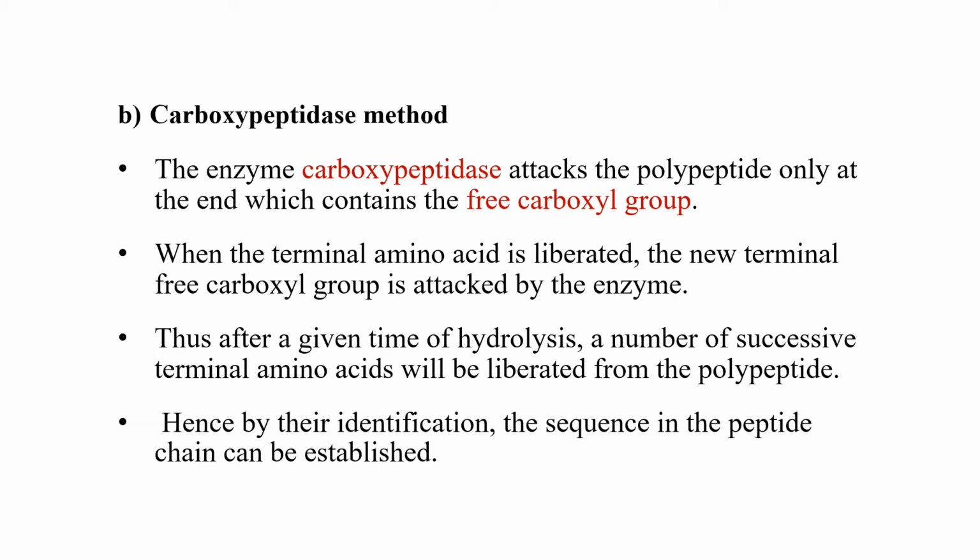When the terminal amino acid is liberated, the new terminal free carboxyl group will be attacked by the enzyme, and after a given time of hydrolysis, a number of terminal amino acids will be liberated from the polypeptide, and by their identification, the sequence in the peptide chain can be established.